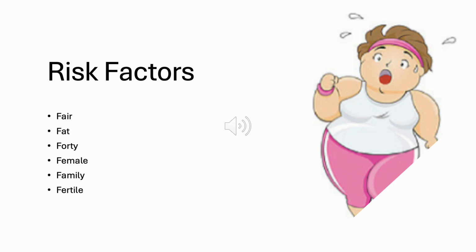The risk factors for cholecystitis can be easily remembered by the 6 F's. They stand for fair, fat, 40, female, family, and fertile. And fair means Caucasian. So those are the characteristics of somebody that is going to be prone to cholecystitis.